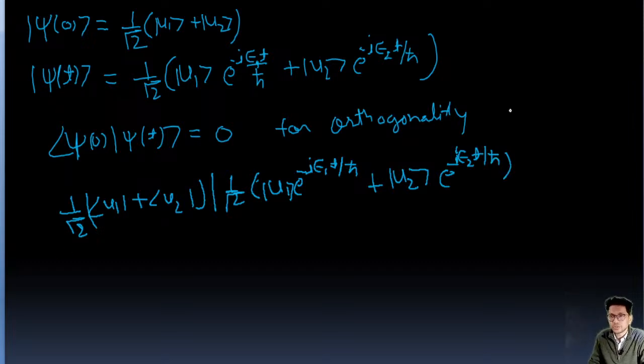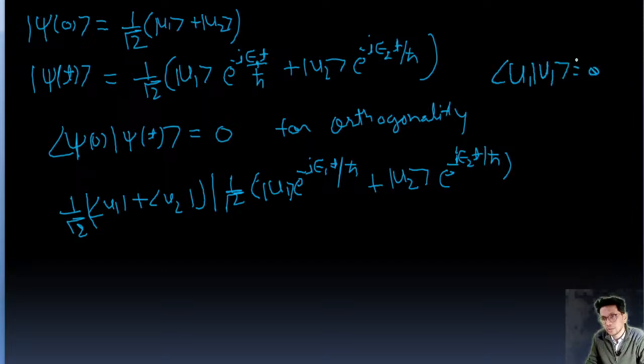Since u1 and u2 are normalized eigenstates, u1 with u1 is going to be 1, and u2 with u2 is 1, and the cross terms u1 with u2 are 0.